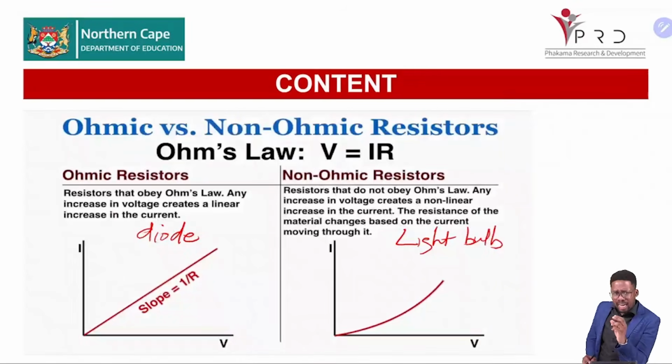That change in temperature means it does not obey Ohm's law, because for us to obey Ohm's law, the potential difference should be directly proportional to the current at constant temperature. We can't have a difference in temperature. So that is why a light bulb is a non-ohmic resistor.